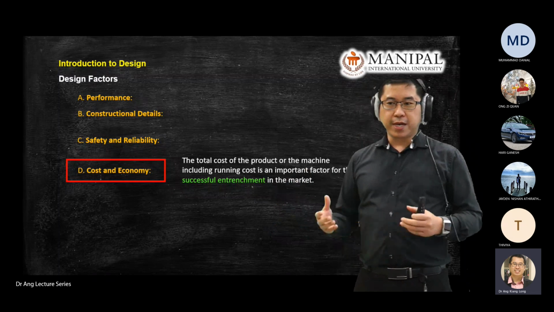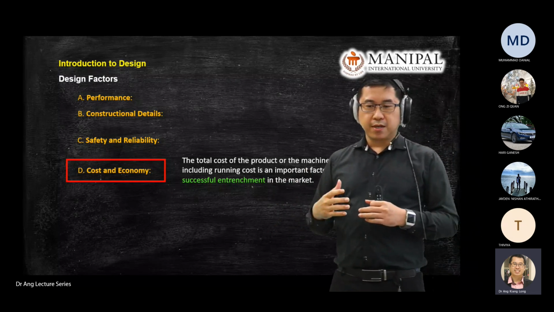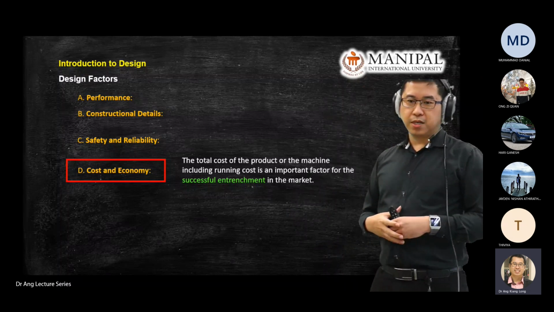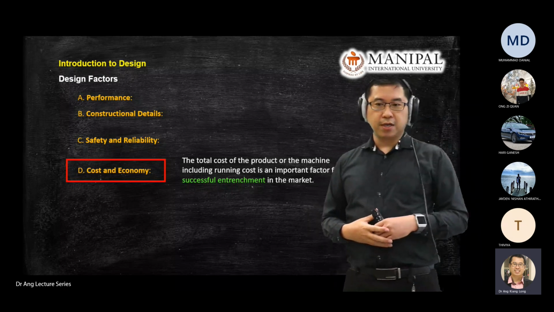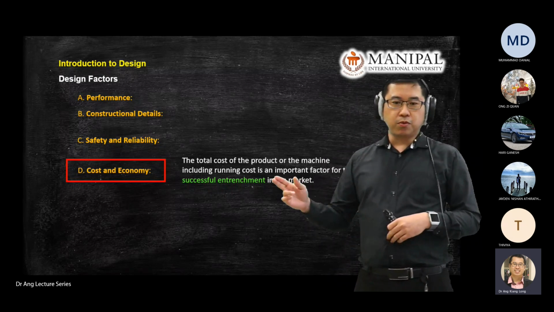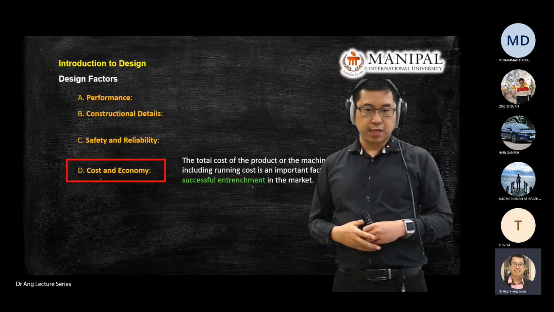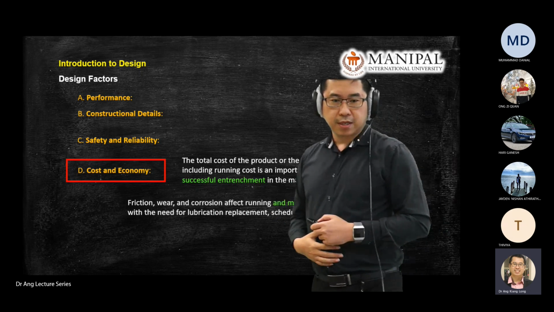For example, you buy a car, and one of the costs not included in the cost of the car is the maintenance cost, right? So you need to make sure that your products come with a low maintenance cost so that you can penetrate the market.